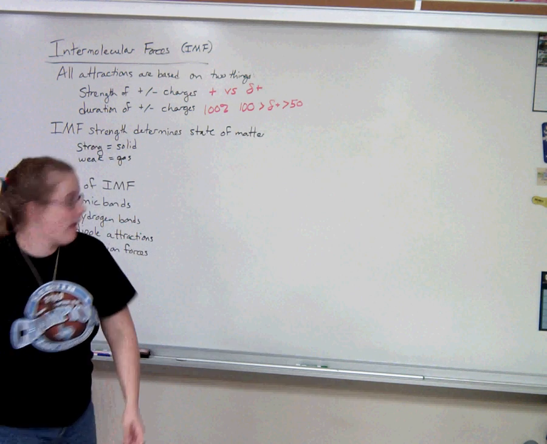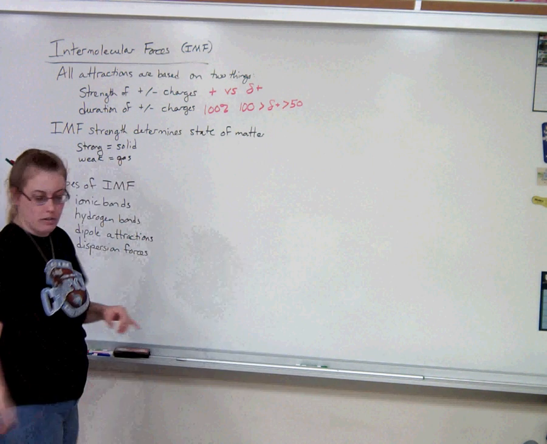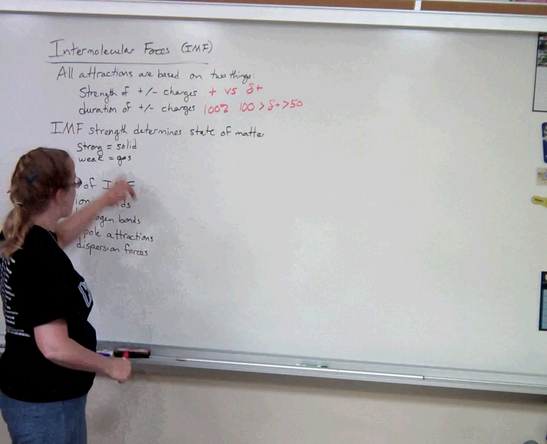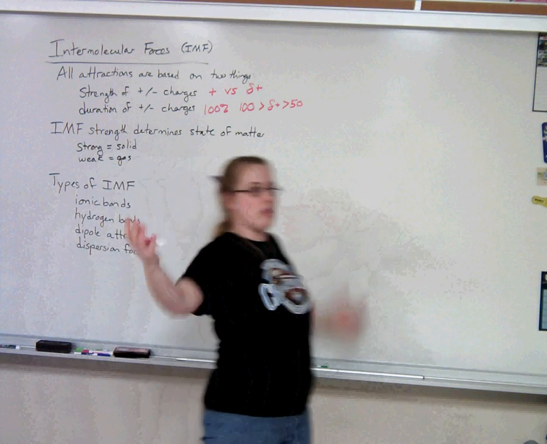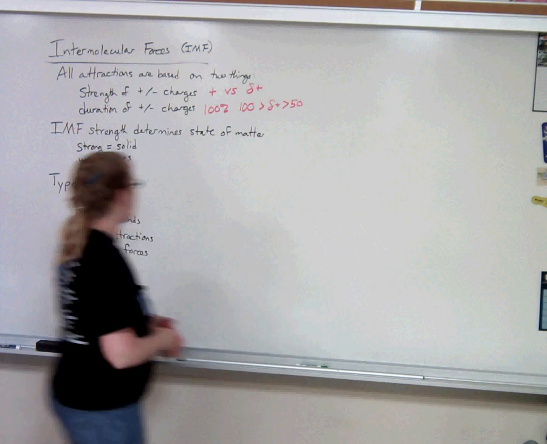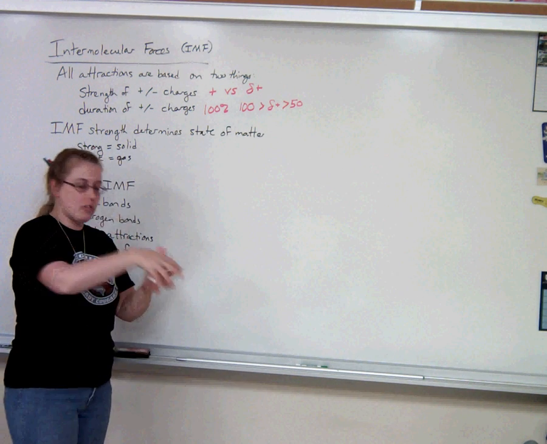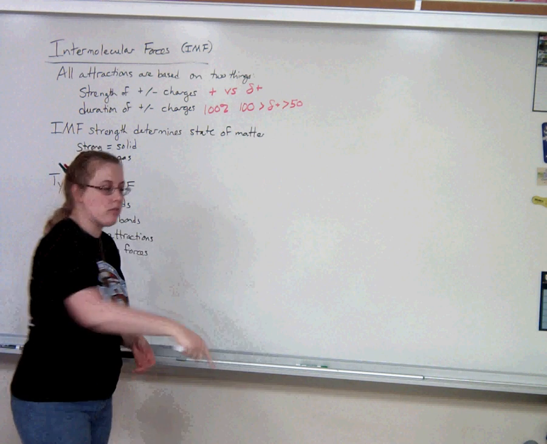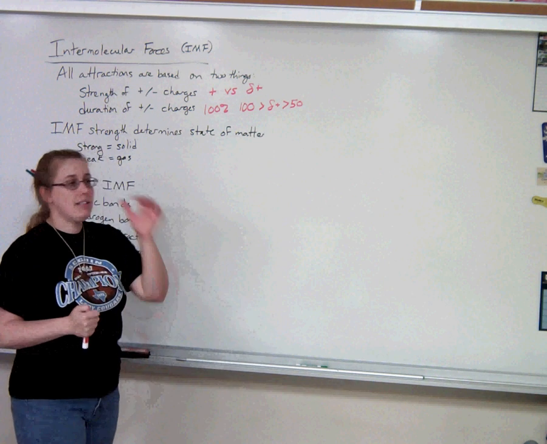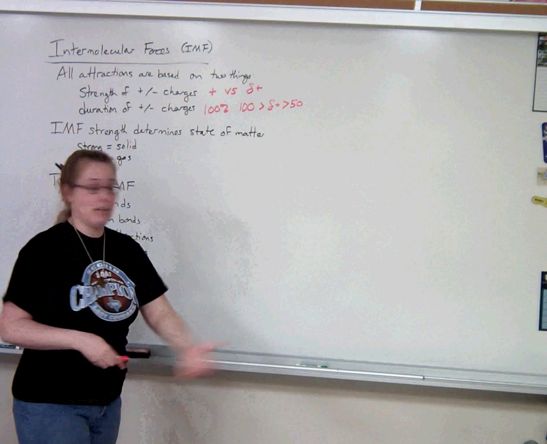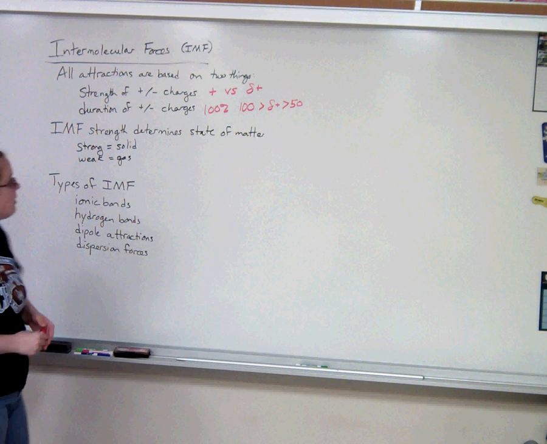If you have a very weak set of intermolecular forces, we're talking about a gas. And you can pass through gases very easily. You do that all the time in the air. Air is a gas. It's very weakly held together. And liquids are somewhere in between. It's easier to penetrate through a liquid, like I could stick my finger through a glass of water, but it's not as easy as a gas. It takes more energy to do that. And we're going to talk about that in another unit later.